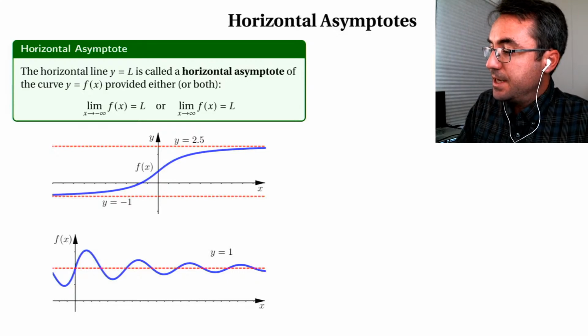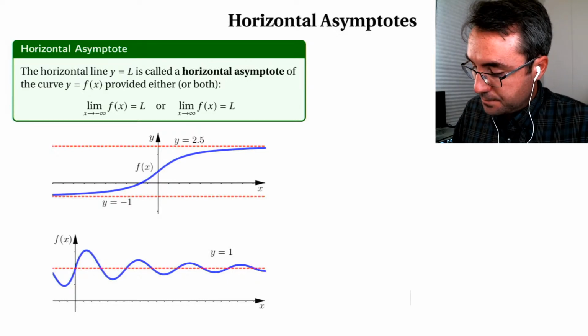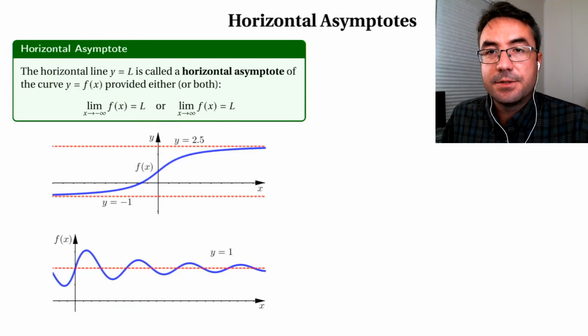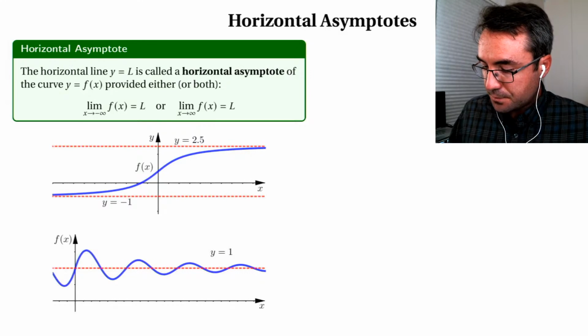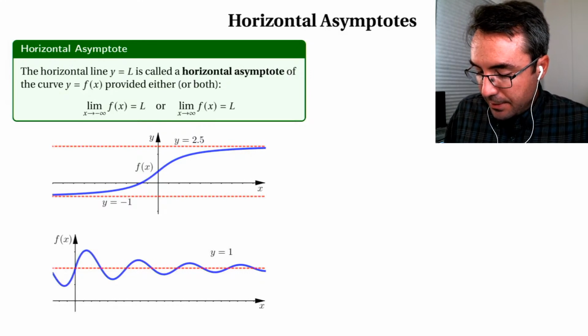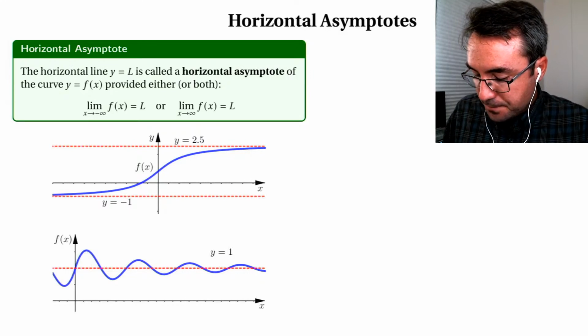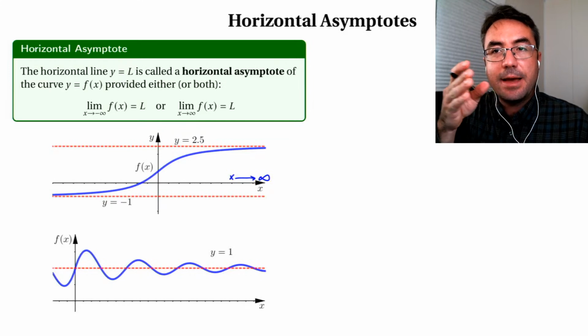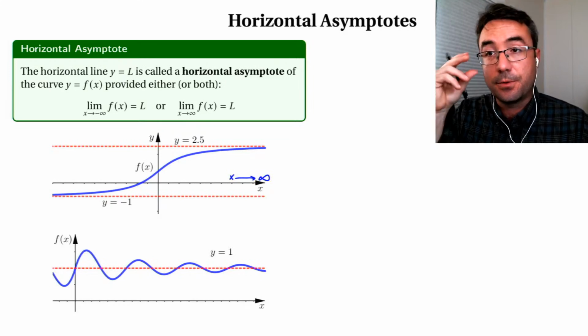So let's see an example. Let's look at this first graph and see what's happening. So when we talk about x approaching infinity, really we're looking at the right end behavior of our function. So we're looking at what happens as we move very far to the right.